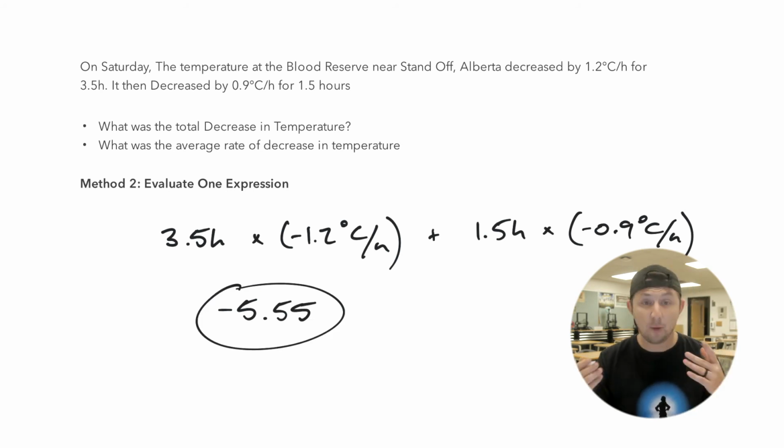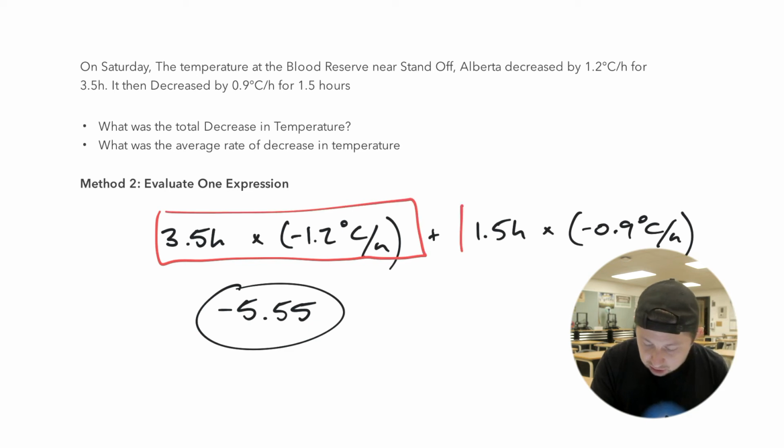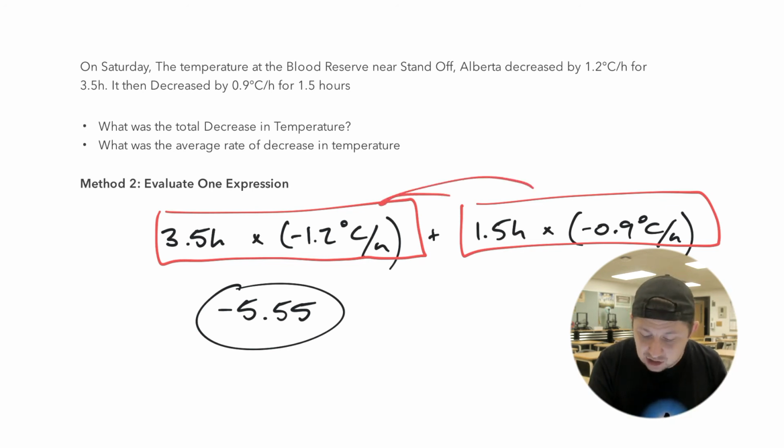All right? Now, that's because your calculator is smart and it understands order of operations, BEDMAS or PEDMAS or whatever it calls it. It's going to do our multiplication first, 1.5 times negative 0.9, 3.5 times negative 1.2. It's going to do those first, and then it's going to add them together. Your calculator is smart like that.